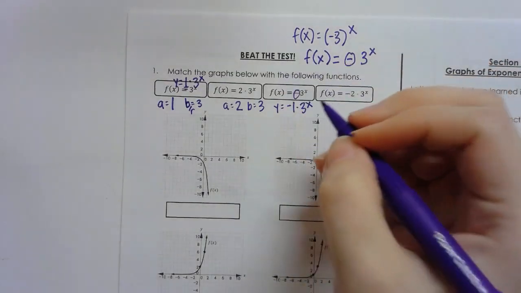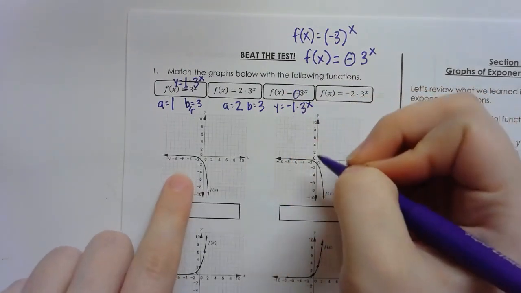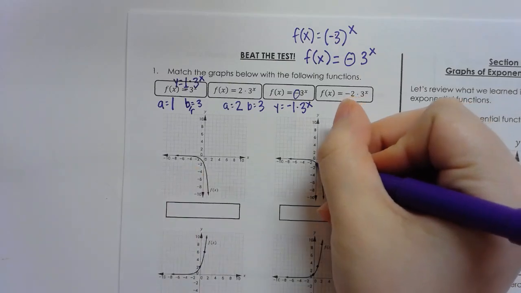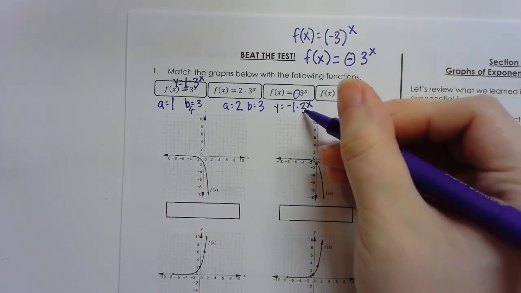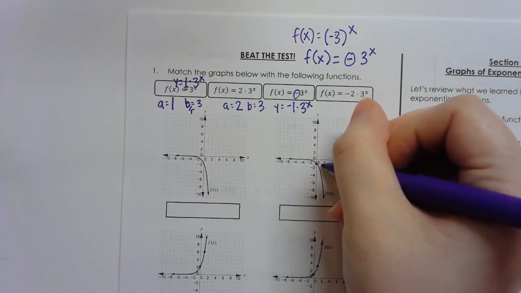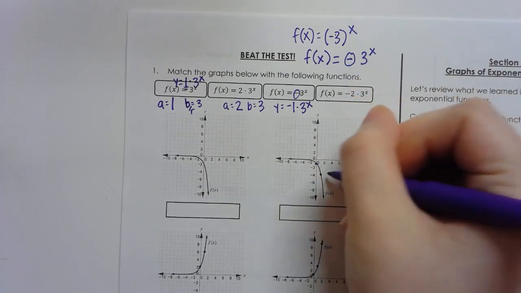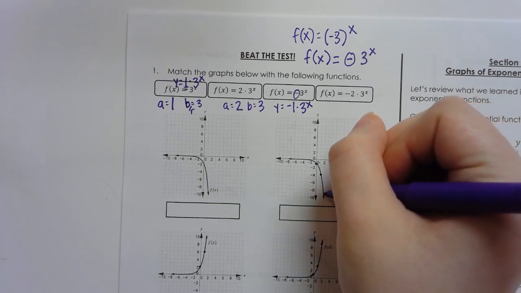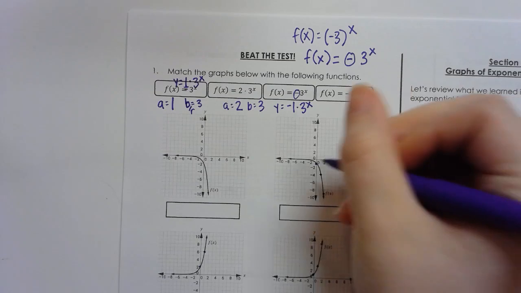So my y-intercept is actually at -1, so it's either this one or this one. This is at -2, so this one. And then the 3 is my common ratio. So -1 times 3 is -3. -3 times 3 is -9. Okay, be careful. This is not slope.